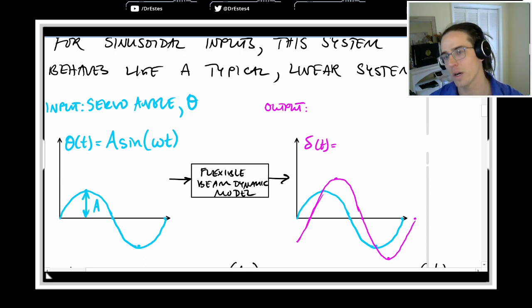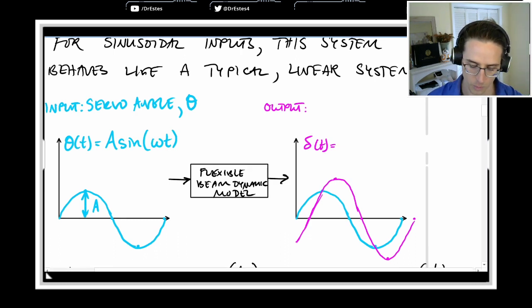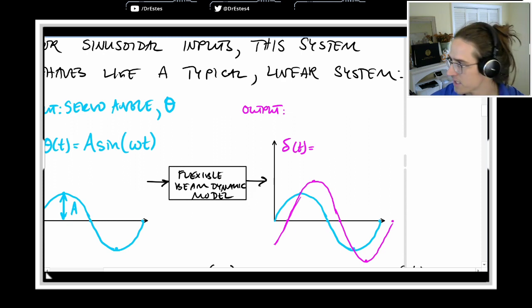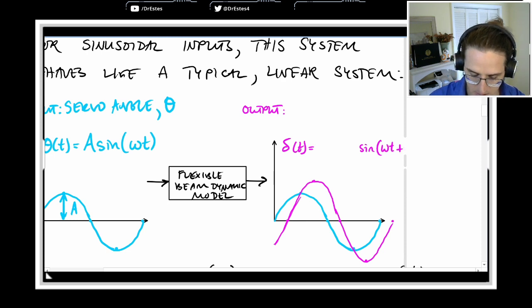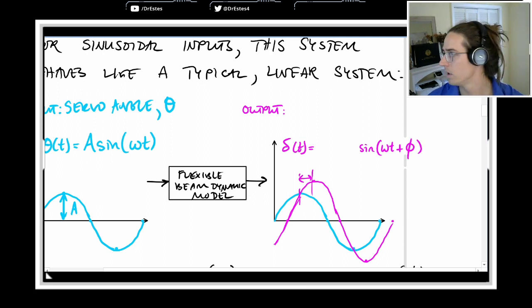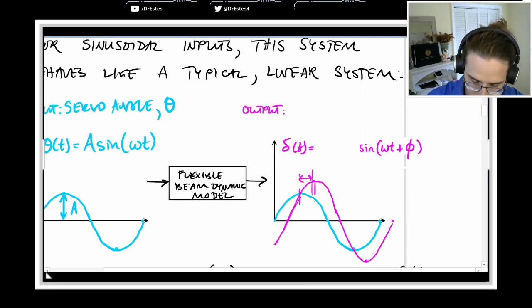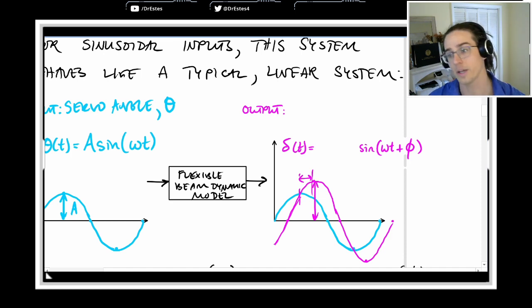So it's deforming one way and then the other. We know that the frequency of these oscillations is going to be the same as the frequency of the inputs. But you see there's this offset. So that's described by the phase angle. And then the amplitude is actually a little bit different. Well, it could be a lot different at different frequencies.